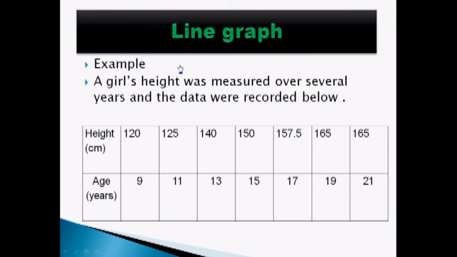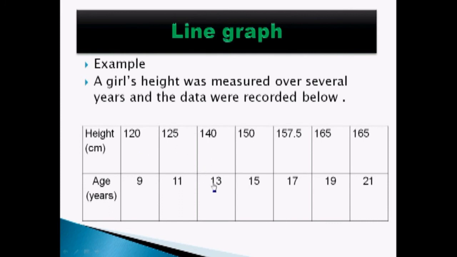When you're given a table to construct a line graph, it is always best to analyze the table first. Okay, so let us look at the difference in height between ages 9 to 11, and that was what, 5 centimeters.